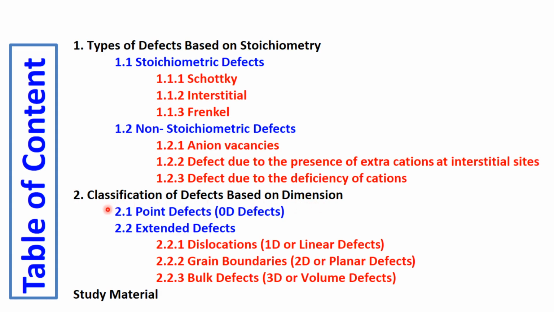Under this classification, we will discuss point defects, which are zero-dimensional defects, and then there are extended defects which consist of one-dimensional, two-dimensional, and three-dimensional defects, also called dislocations, grain boundaries, and bulk defects respectively.